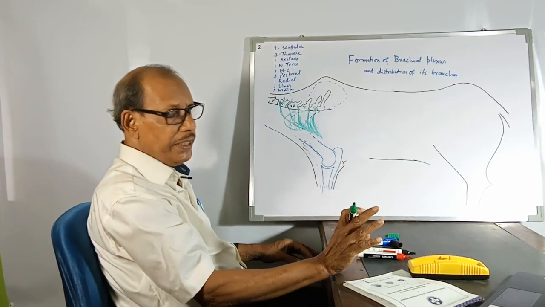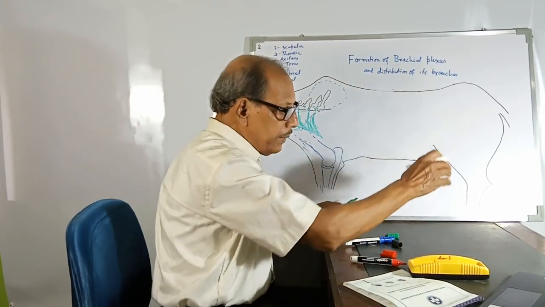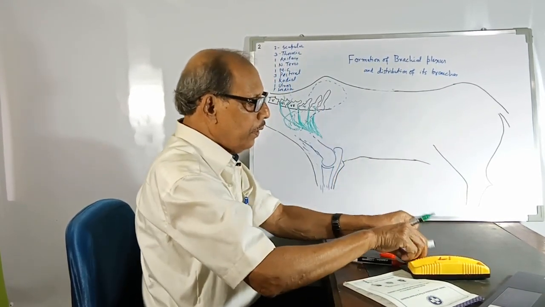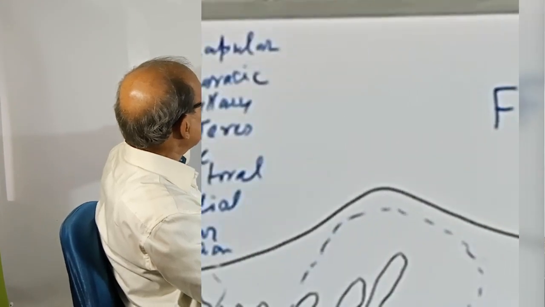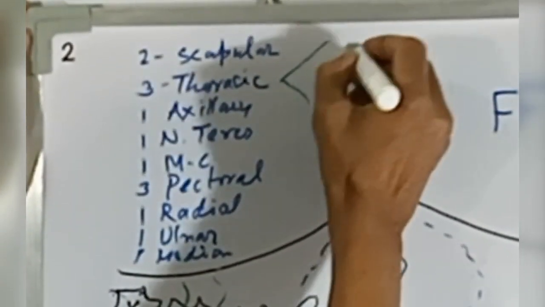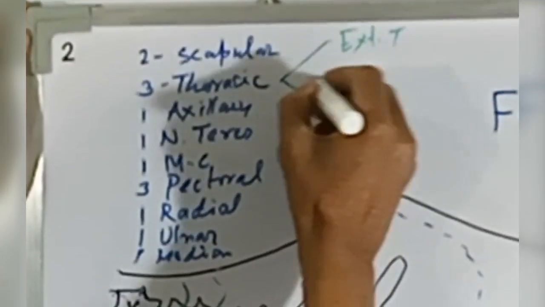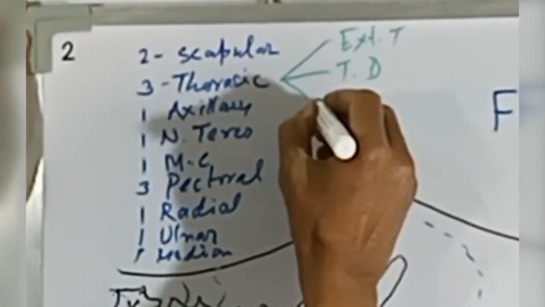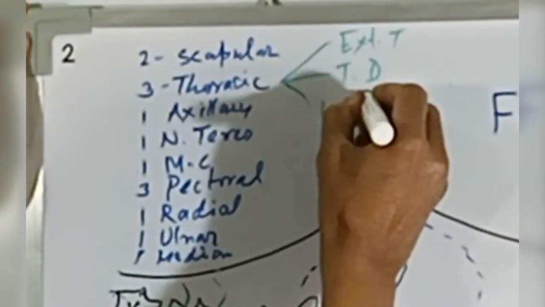There are 3 thoracic nerves, I told you. Here is the abdomen and this is the thorax of the animal. Thoracic nerves are 3. One is the external thoracic, thoracodorsal and long thoracic.